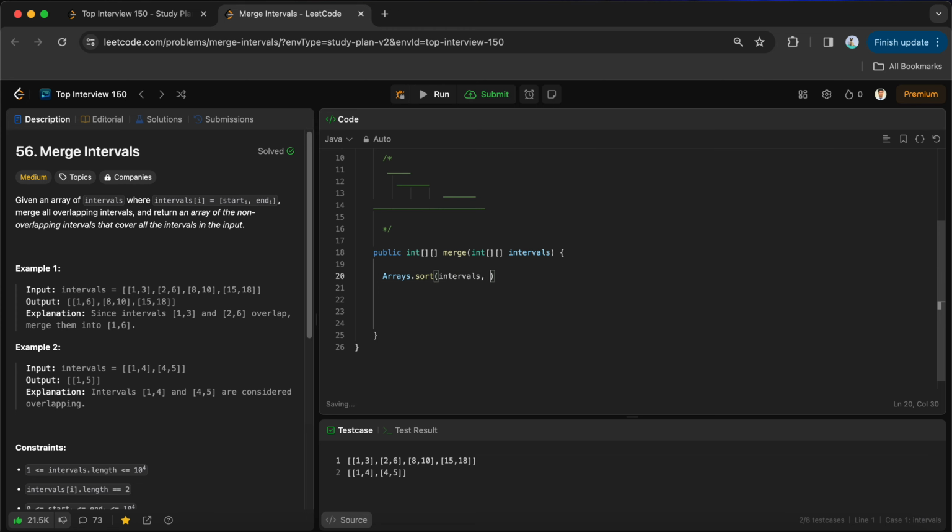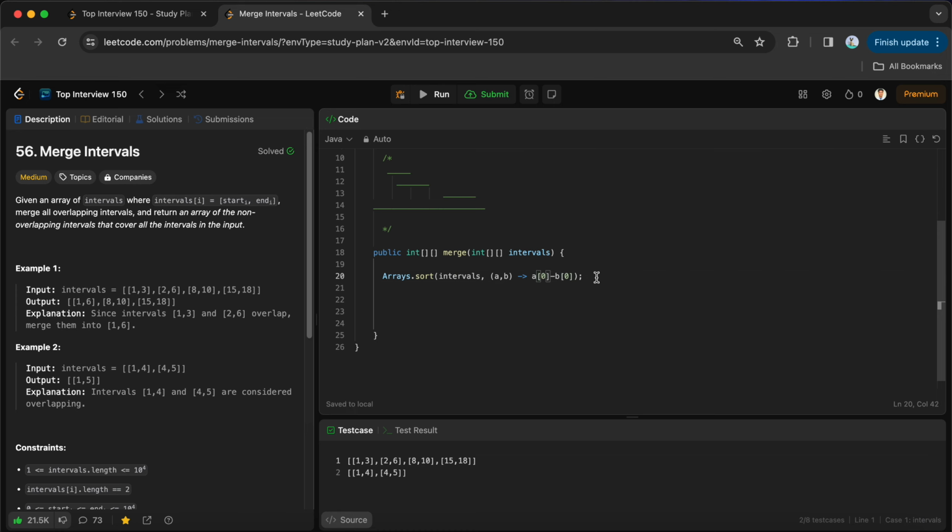For defining the sorting behavior, suppose I'm taking a, b, I'm using just an arrow function. Suppose I want to sort on the 0th index, the start index, I have to define it like that. And if you want to sort on the index one, you can define it like that, but we want to sort on the basis of start point.